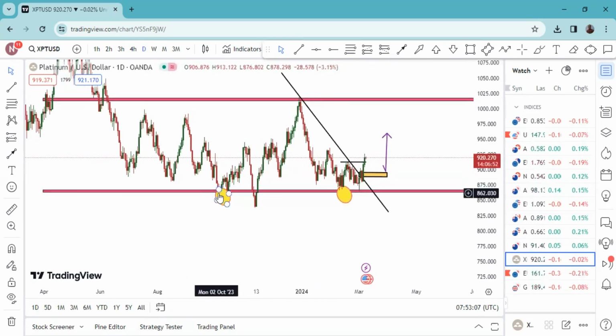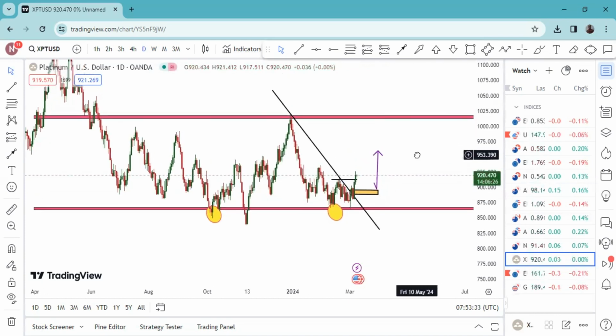You can see the market resisted here, here, here, and here. On this last one, you can see there is a form of a double bottom, and the market broke my counter trend line. The market touched here first, second touch here, and on the third one, the market broke.